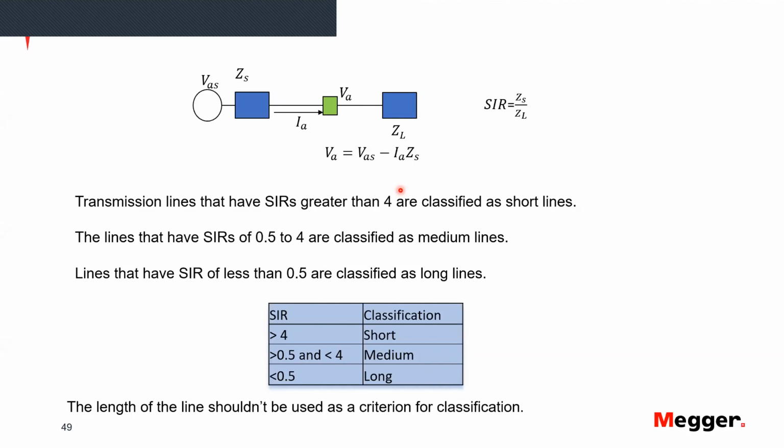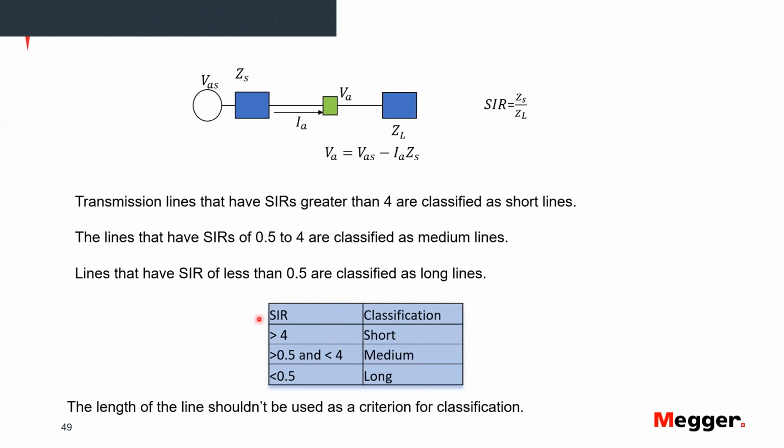But keep something in mind. It's not the length of the line that we have to use as the criterion for classification, because this is misleading. You could have places where you have weak sources. Weak sources mean sources with a high impedance, where the classification could give you something different even if the line is long.